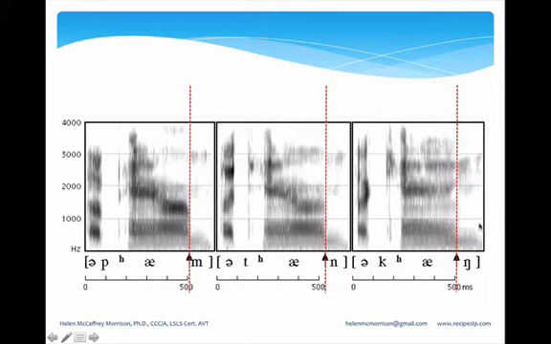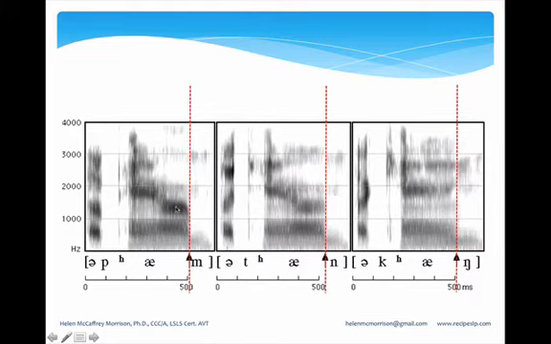Even though we've talked about formants and formant transitions, that upper frequency energy is really quite weak. And so we don't rely on it quite so much in listening for the nasal consonant. Mostly what we're doing is identifying this low frequency nasal murmur.